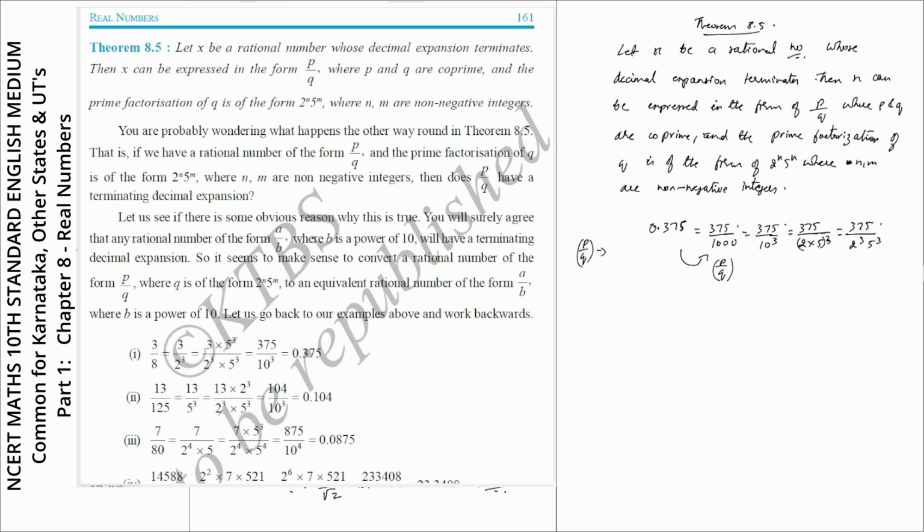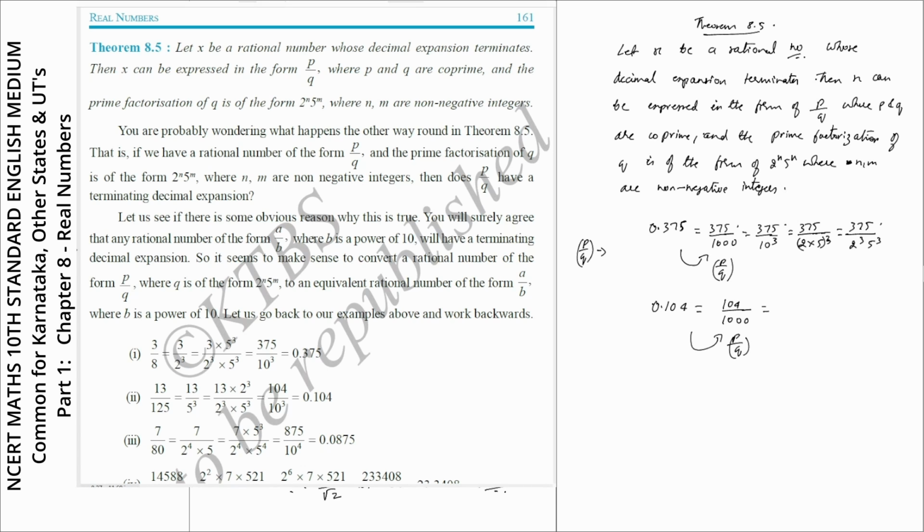Now I'll give you another example. Now consider another decimal which is terminating. Now this is a rational number. Now I can write this as 104 by 1000. Now see, this is in the form of p by q.